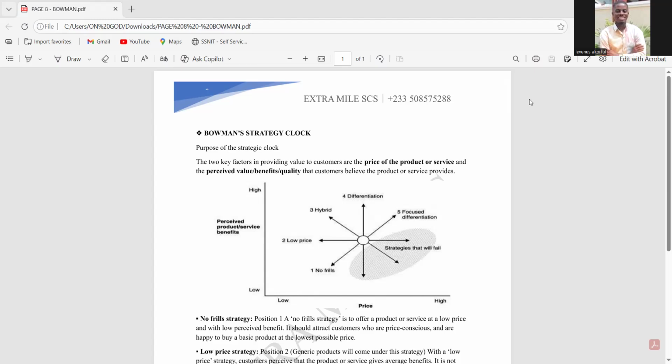Paynova noticed that there is a group of people within the Ghanaian economy that are not served by the traditional banking sector. So they are underserved. And so Paynova provided products and services that were going to serve these underserved segments within the market.